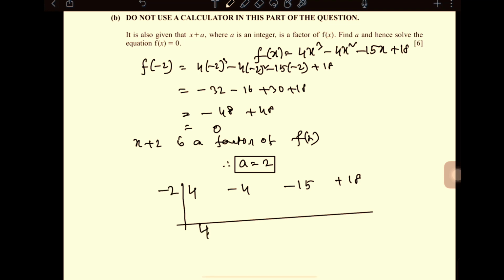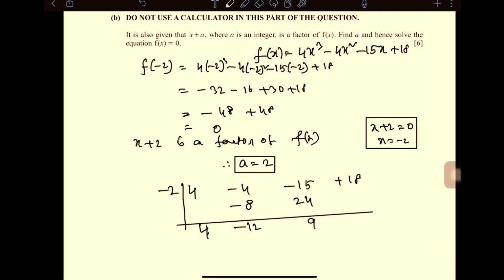So 4 times x plus 2 equals to 0, x equals to minus 2. So 4 2s are 8, minus 8, minus 12 plus that is 24, this is 9, 24 minus 15 that is 9, 9 2s are 18, 0.